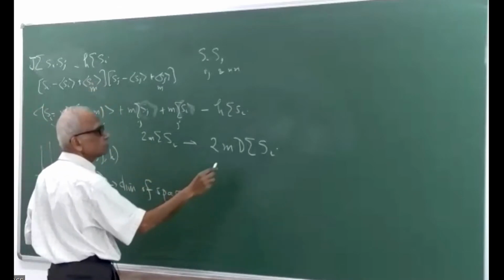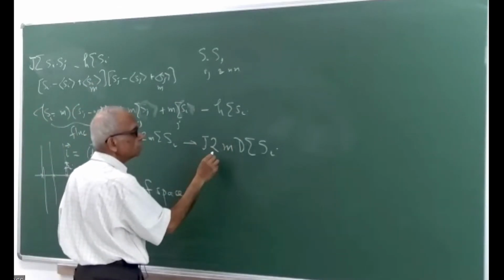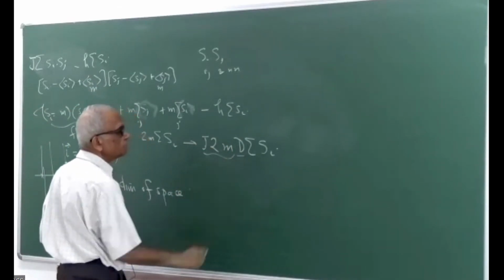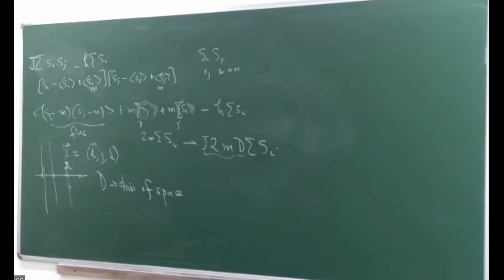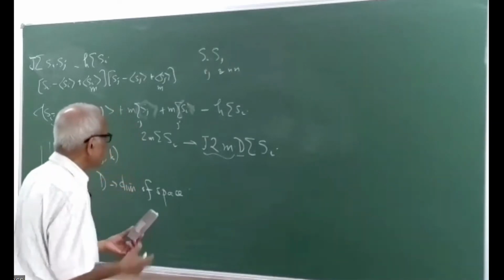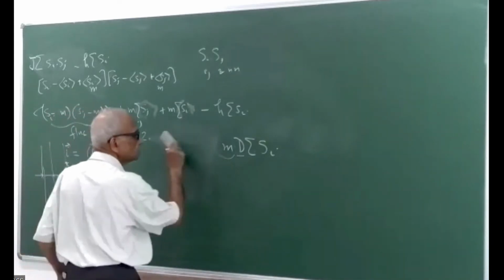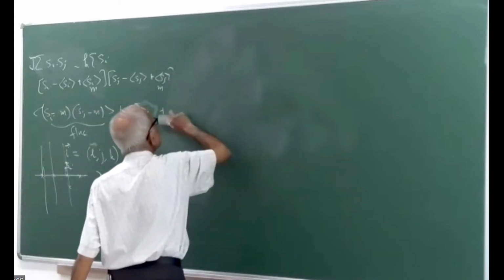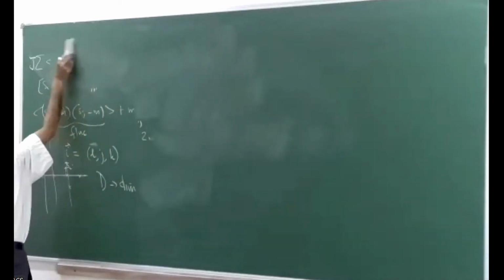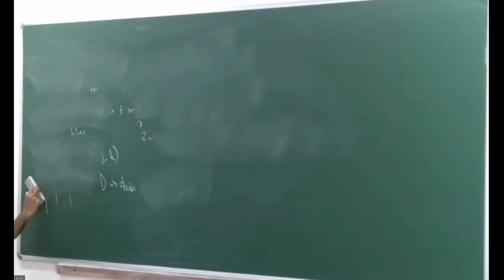Instead of 2MJ, it should have been 2MJd, where d is the dimensionality of space. That's the correction, this dimensionality which was inadvertently missed.